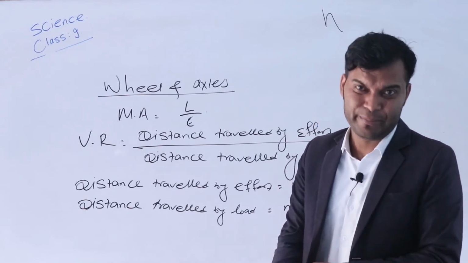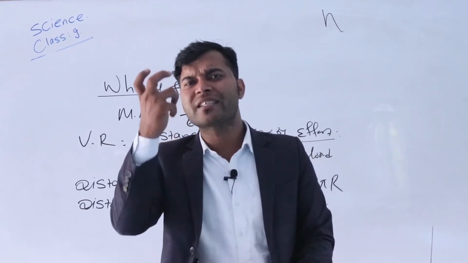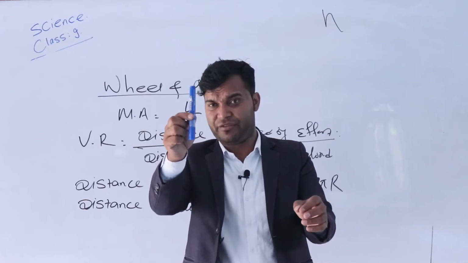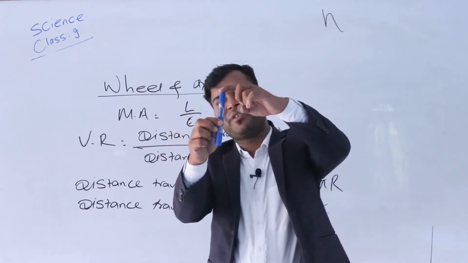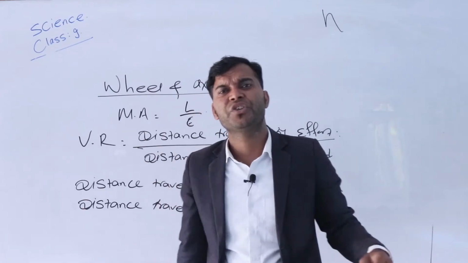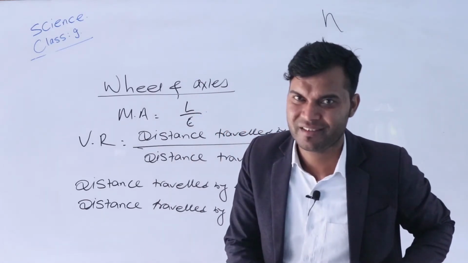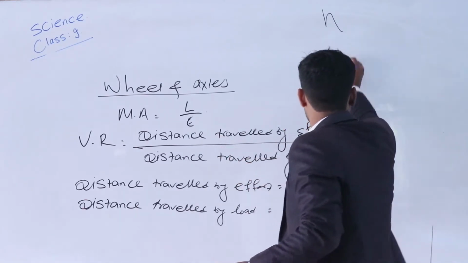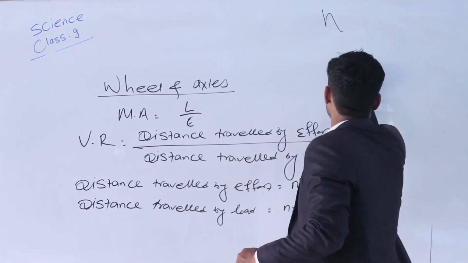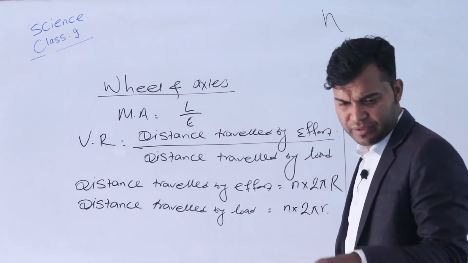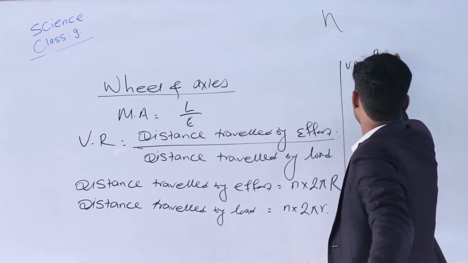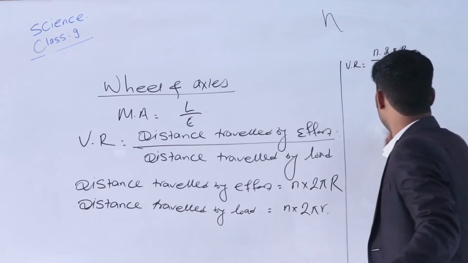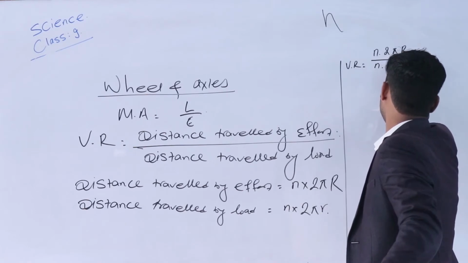Circumference of a circle. Suppose the wheel and axle is a cylindrical object. This is the circumference, and the circumference is 2 pi r. Now VR is equal to the distance traveled by effort, n into 2 pi R, upon the distance traveled by load, n into 2 pi small r.